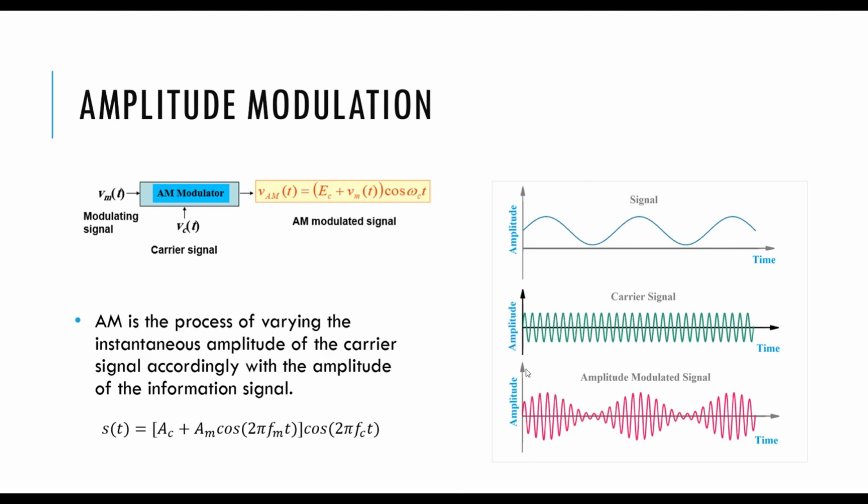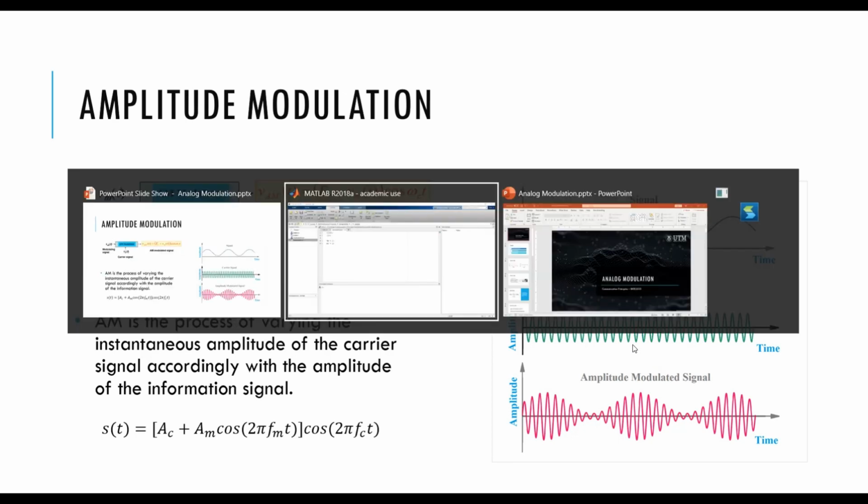In this diagram here, I'm assuming that this one is almost 100% modulation. Of course, you would want to avoid the higher amplitude of your signal compared to your carrier signal, because in this way you will have an overmodulated signal, which means that some of your data will be overwritten.